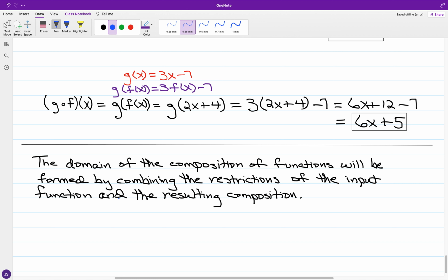And what you're going to have here is your focal points. In other words, you're going to keep the input and final answer real. Final answer as in the resulting composition.